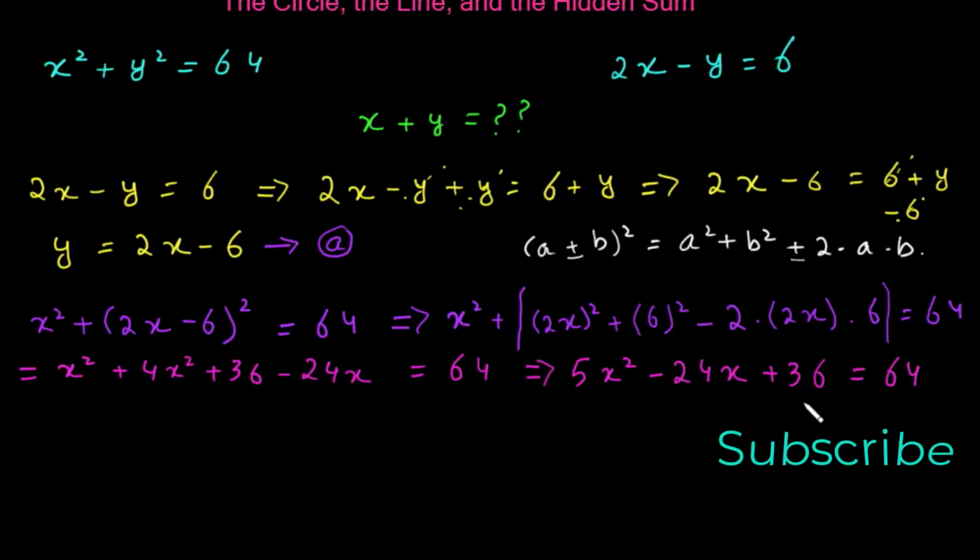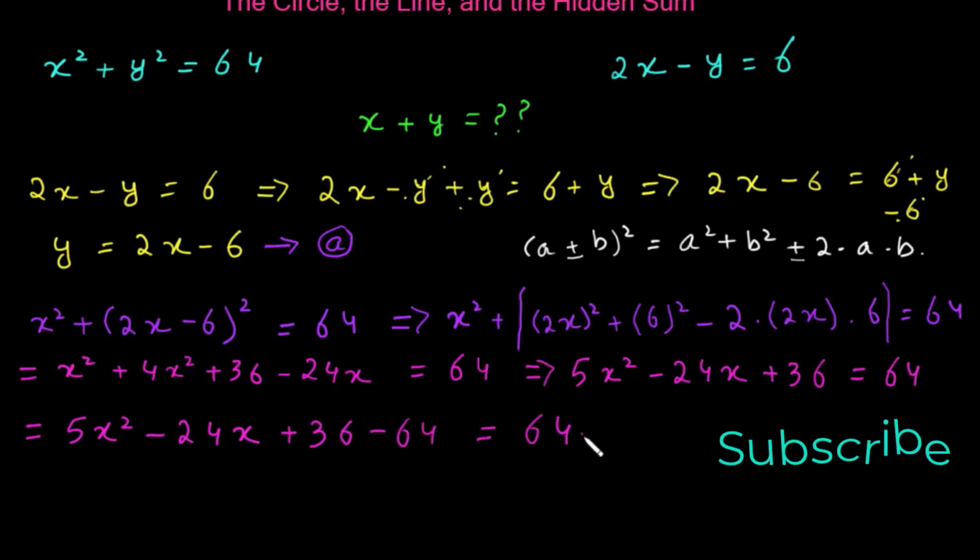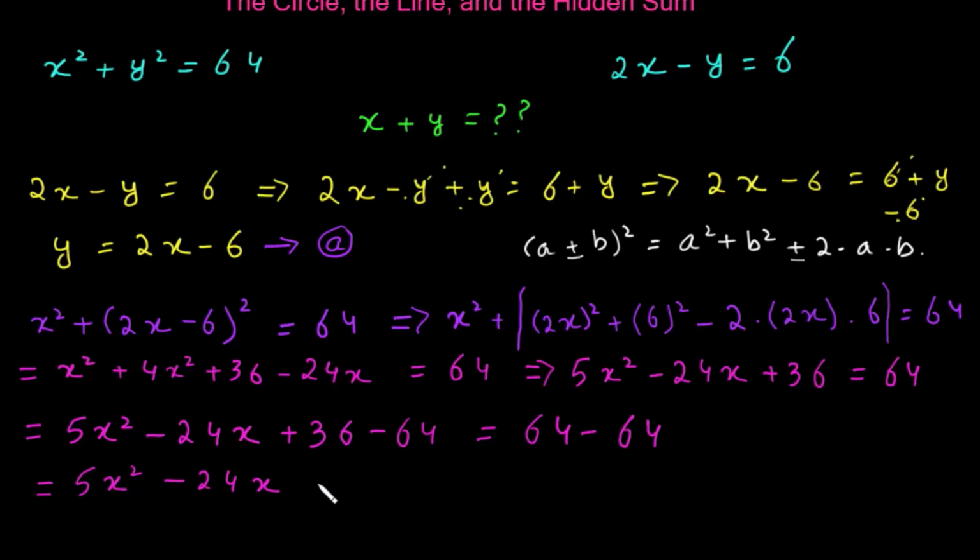Subtracting 64 from both sides, I will come up with 5x squared minus 24x plus 36 minus 64 is equal to 64 minus 64. That will leave me with 5x squared minus 24x minus 28 is equal to 0.